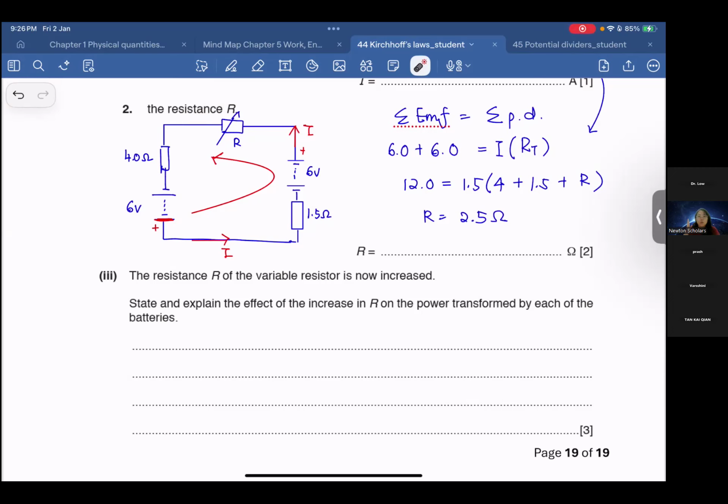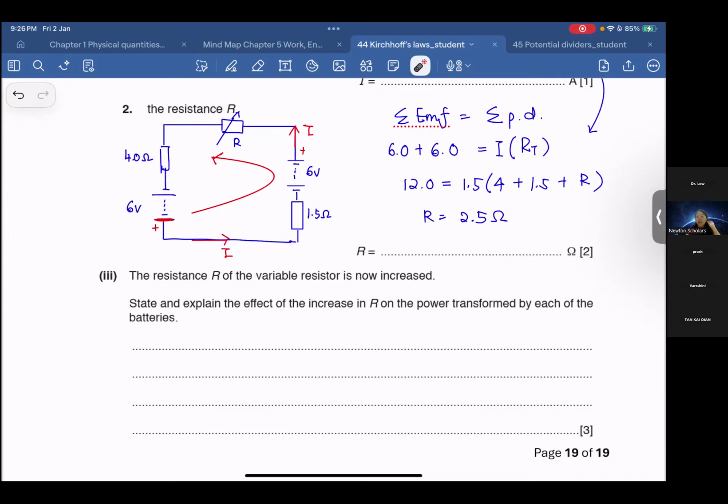Here, Vashini said when the resistance R of the variable resistor increases, the total resistance in the circuit increases, 1 mark. Hence, current decreases. Yes, resistance increases, then your current will decrease. And based on P equals VI, when current decreases, the power transformed by each battery will decrease.